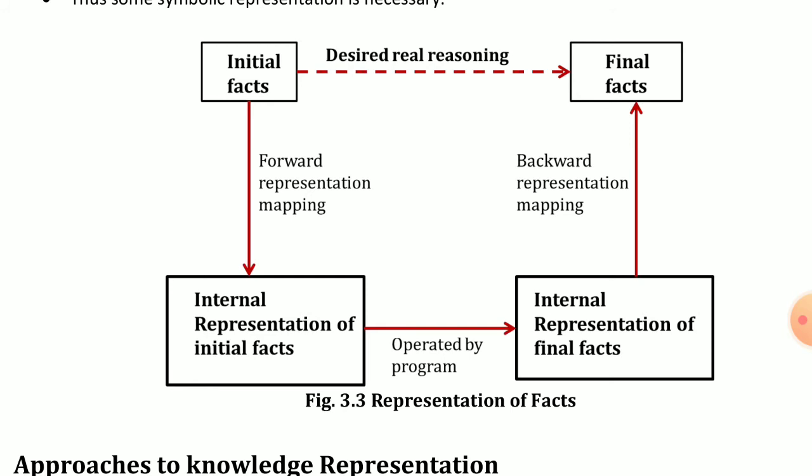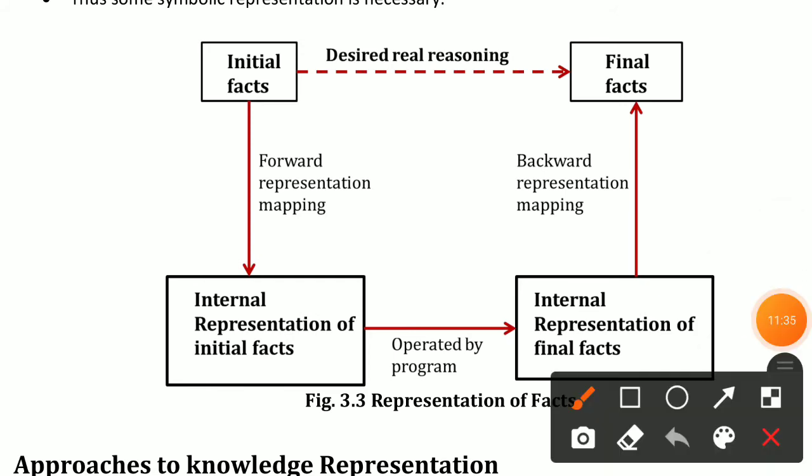Internal representation of final facts. We can start with the initial facts, perform some program, and get the output. So it is the final fact. We can start with the initial facts and make some procedure.